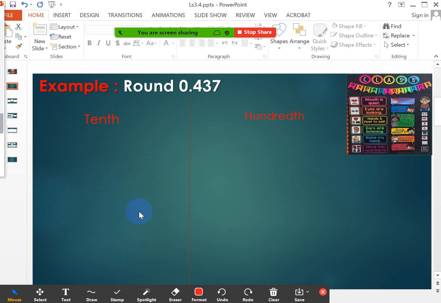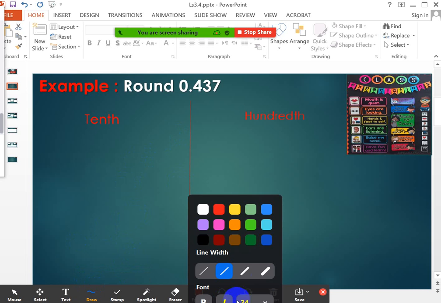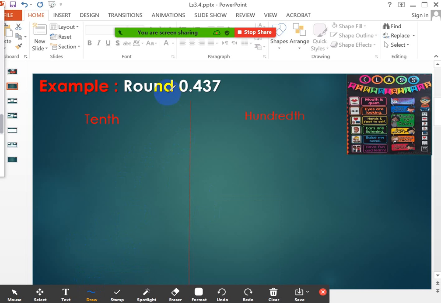So, girls, look at this number. I want you to focus with me, please, now. If I want to round this number, this is a decimal number, 0.437. Girls, please stop writing on the chat and focus with me. Okay?